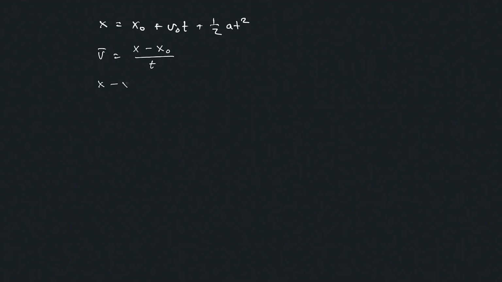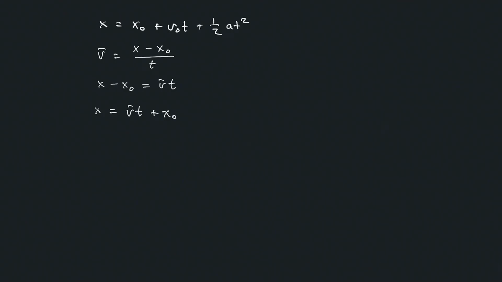Rearranging the equation, we have x minus x0 is equal to average velocity times time. And then we're going to add initial position to both sides. So we get final position is equal to initial position plus average velocity times time.